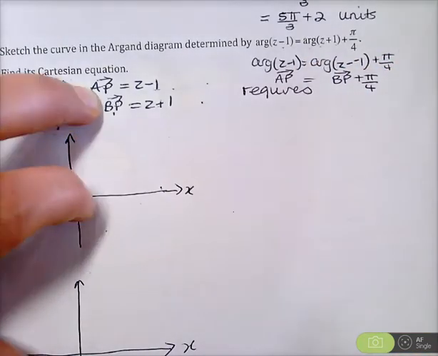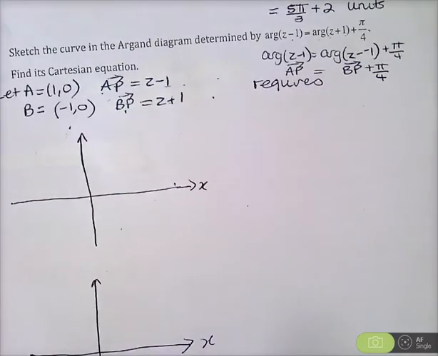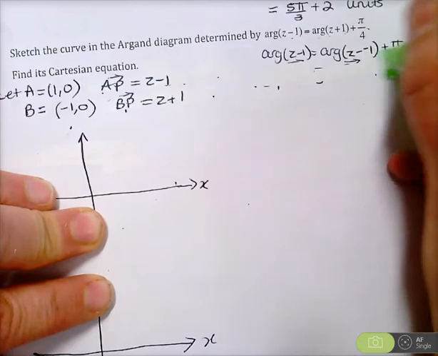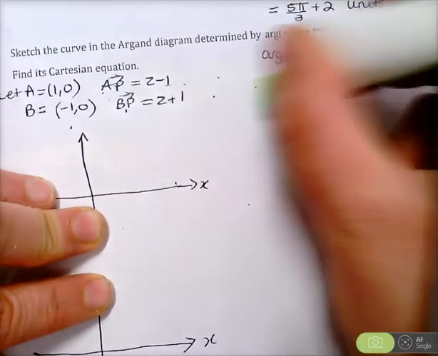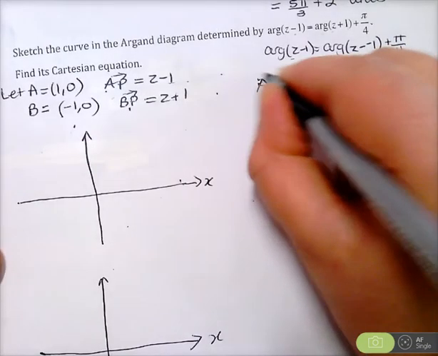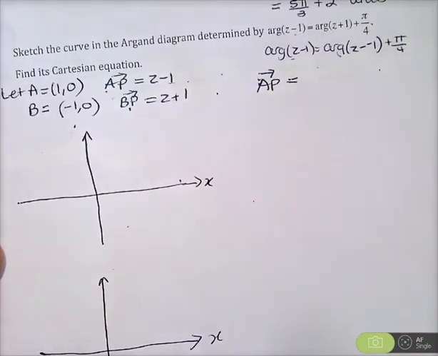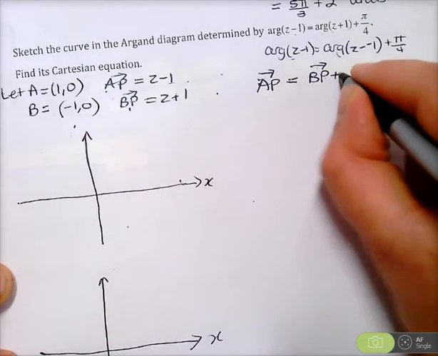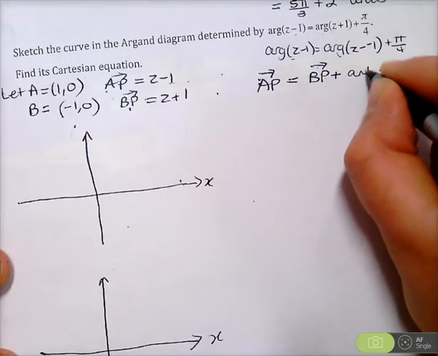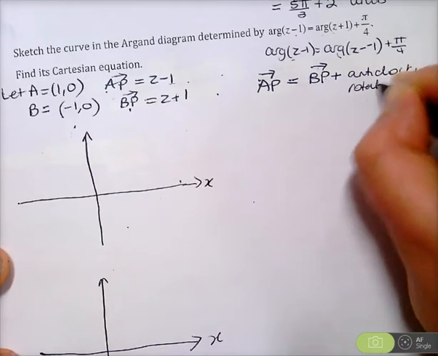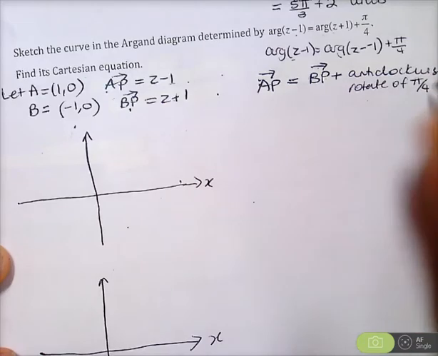What that means in everyday language is that the vector AP equals the vector BP plus an anti-clockwise rotation of pi on 4. That's what that means.